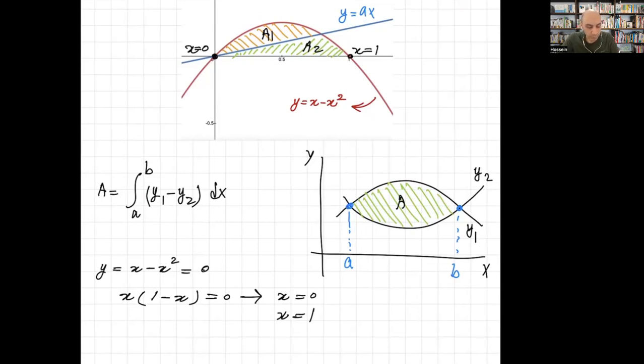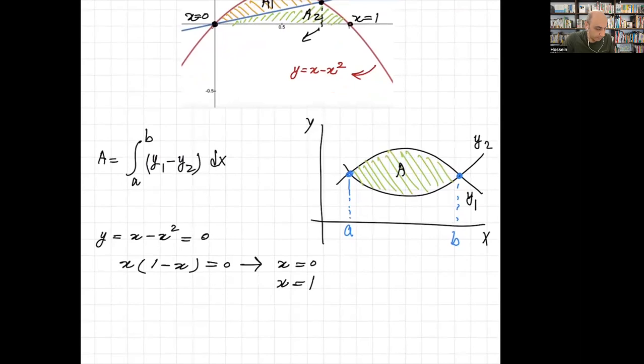And also I wanted to find the point of intersection between the straight line and the parabola, which is here. So to do so, I need to set the equation of the parabola equal to the equation of the straight line.